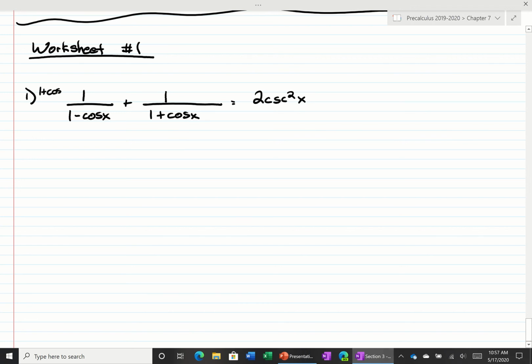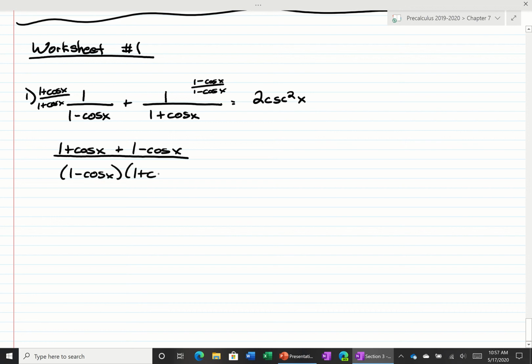We need to multiply top and bottom here by cosine of x. And we get 1 plus the cosine of x plus 1 minus the cosine of x, all divided by 1 minus cosine times 1 plus the cosine.